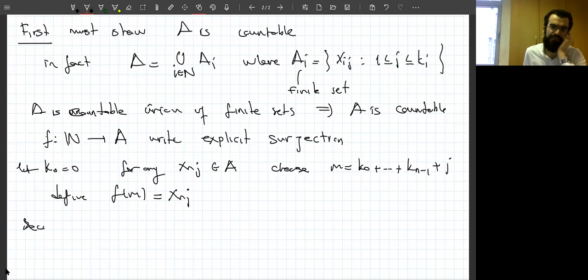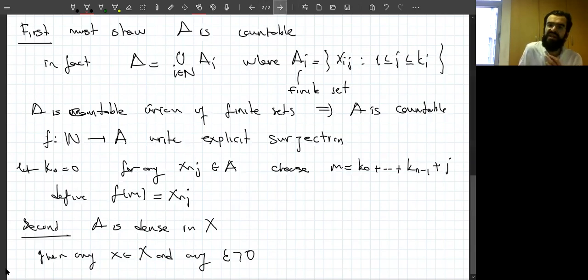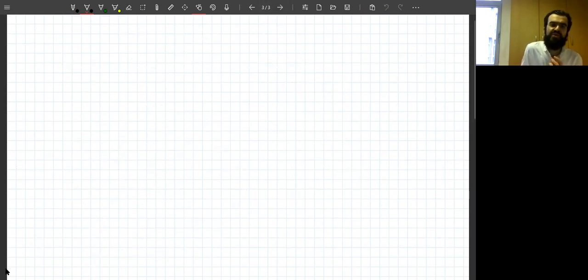Second, A is dense in X. Given any x in X and any epsilon greater than 0, I must show that the ball B(x, epsilon) intersection A is non-empty.